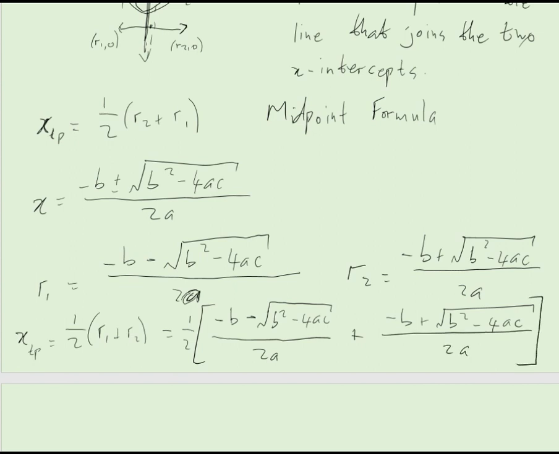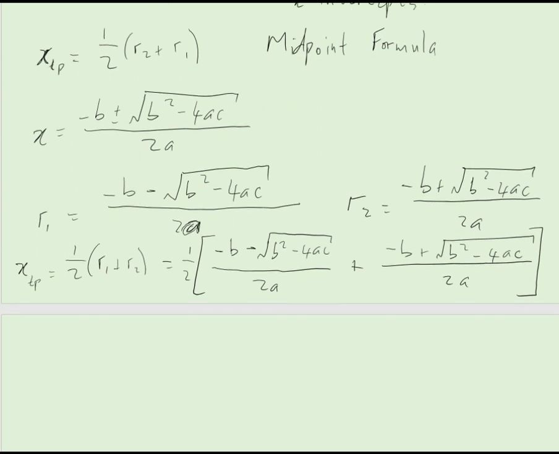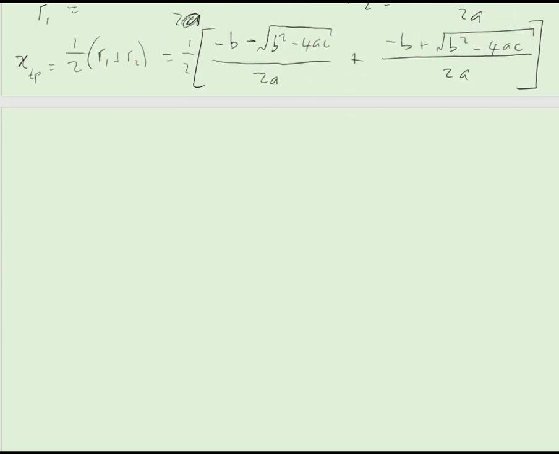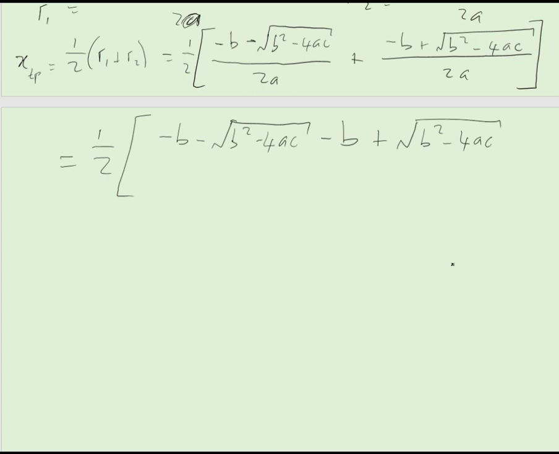So let's do a little bit of simplification. We've got the same common denominator, so we can just add them. So this is equal to a half, and let's put it all under one denominator. So we've got negative b minus the square root of b squared minus 4ac, minus b plus the square root of b squared minus 4ac, and all of this is over 2a.